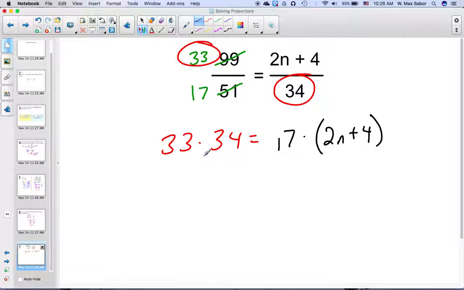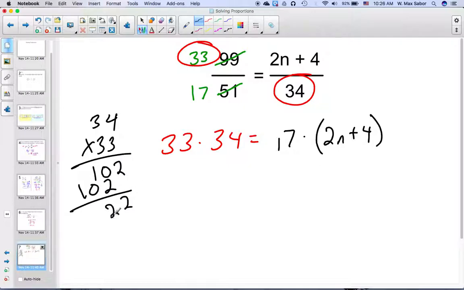This is 33 times 34. I'm doing this the long way, is 102, 102. So this should be 2211. Yes, good.